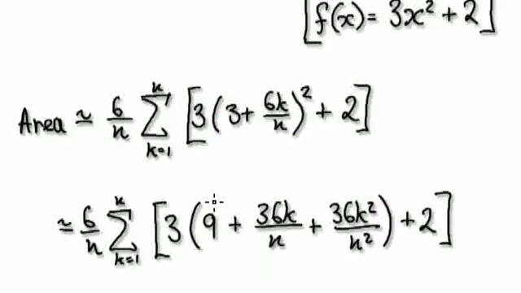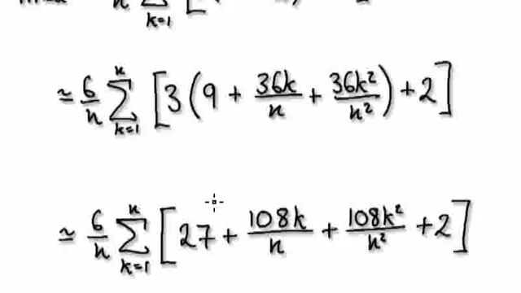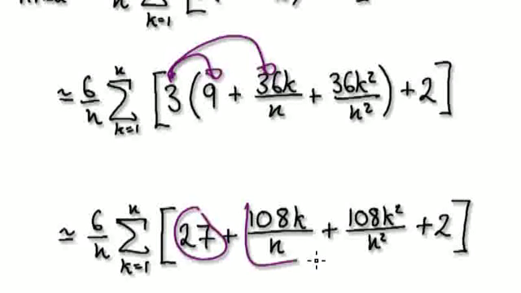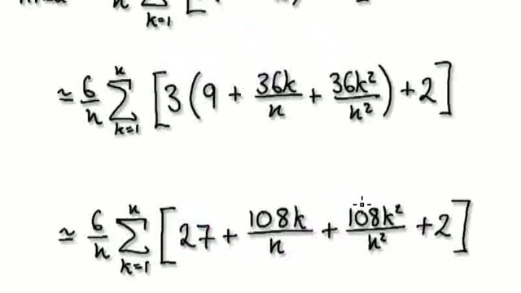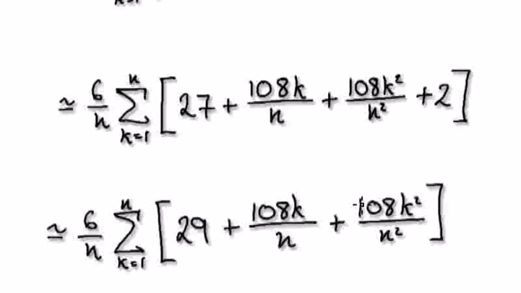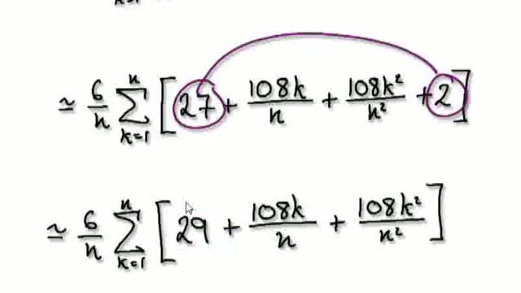And then this times this would give us this, this times this would give us this, and this times this would give us this. So it's just a matter of tidying up now. Then merge this with this, and that would give you 29.